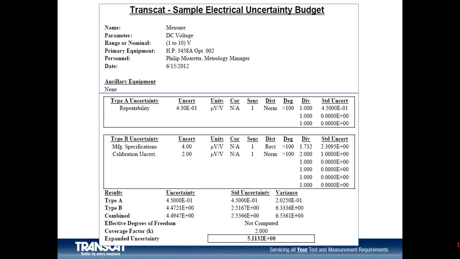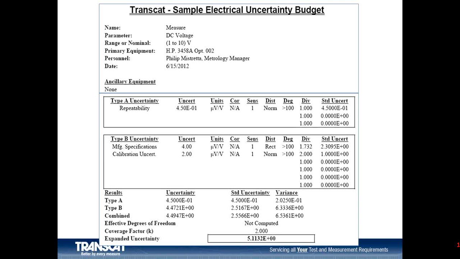Continuing across the page is the distribution type, normal distribution for the repeatability. The manufacturer's specification is listed as rectangle distribution. And 2 columns to the right of there is the divisor, 1.73. That's the number we talked about before, 1 over the square root of 3.